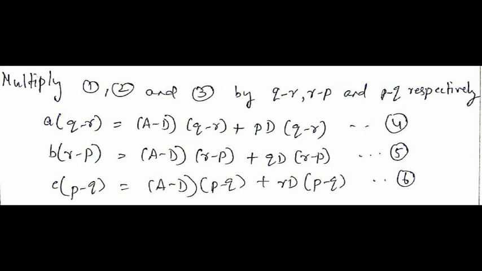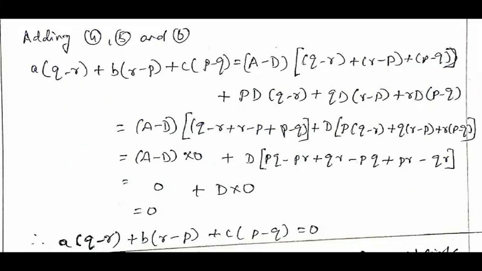Multiply the equations by Q minus R, R minus P and P minus Q. Add the equations and you get the answer.